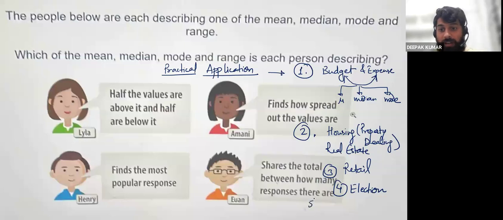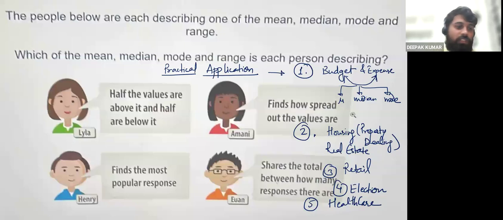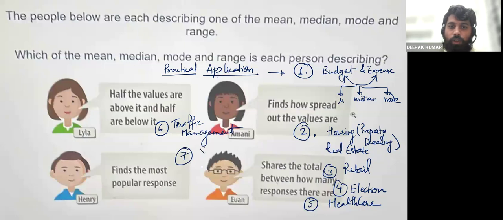You may also find application in healthcare, which is very sensitive to these values. And sixth, you travel daily from your home to the office; you may call it a traffic management system. So any part of life in which you are working. And the seventh is your choice.